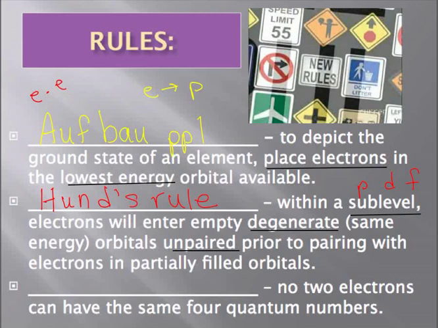So within a sublevel, because we're looking at orbitals that are degenerate, meaning again, same energy, electrons are going to go into orbitals unpaired before pairing. Well, hopefully that's logical too, because we said that we want to minimize electron repulsion. And to pair up is going to have a little bit more repulsion than if they are in separate orbitals unpaired. Now, if we went back to that little analogy that we had about being in a train and having only bunks, the first guy that comes, he's going to take that first bed. Second guy that comes in, he's going to go into the empty bed if there's an empty bed. And the third guy then gets forced to pair up. So they're not going to pair up unless they have to.